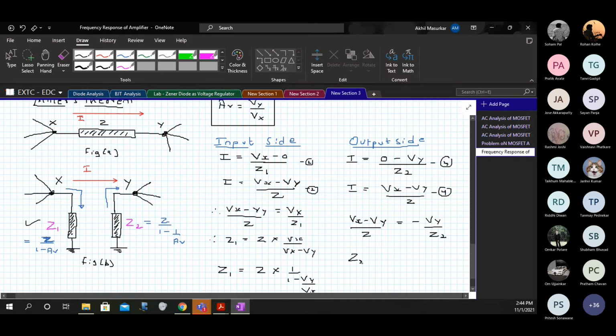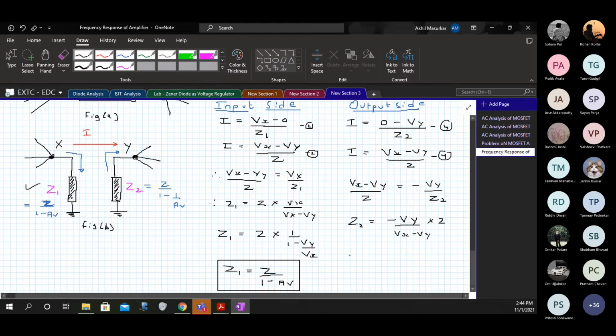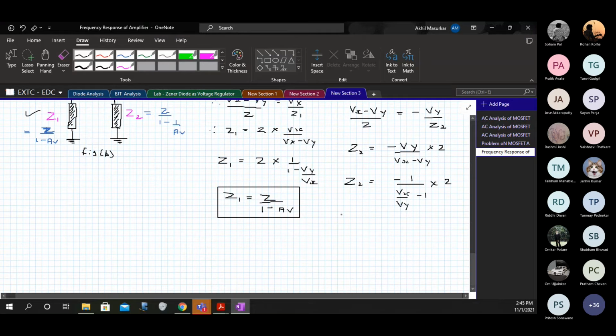So Z2 is equal to minus Vy upon Vx minus Vy into Z. So Z2 is equal to minus 1 upon Vx upon Vy minus 1 into Z, or this will be Z2 is equal to 1 upon 1 minus Vx by Vy into Z.